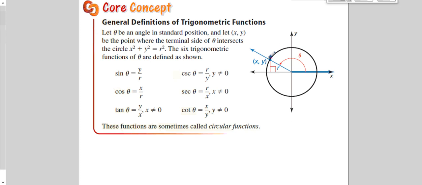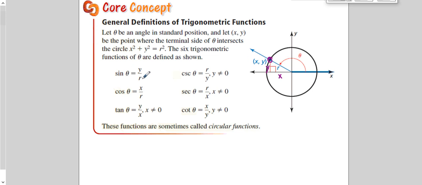So if they give us a point that will help us, the x will be how long is this, and x in this direction would be a negative x, and how far is this to get to that point, that would be your y. The x value would give you the cosine, x over r, because that's adjacent over hypotenuse.